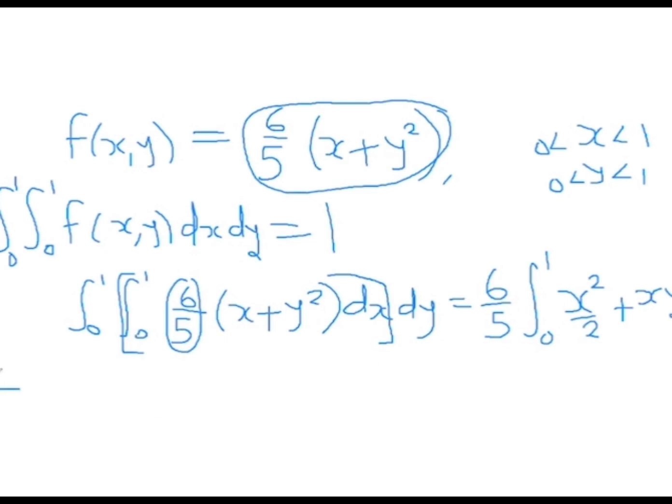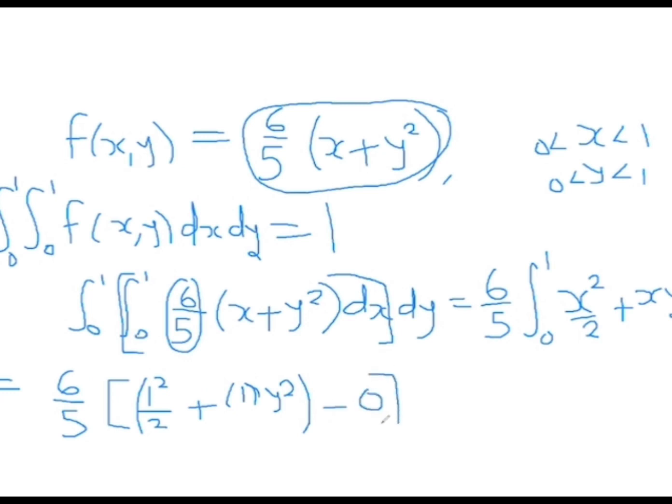So when I plug in 1, let me first write 6 over 5, and I plug in 1 wherever I see x. That's going to be 1 squared over 2 plus 1 times y squared. When I plug in 0 and subtract, the other one is basically going to be 0.